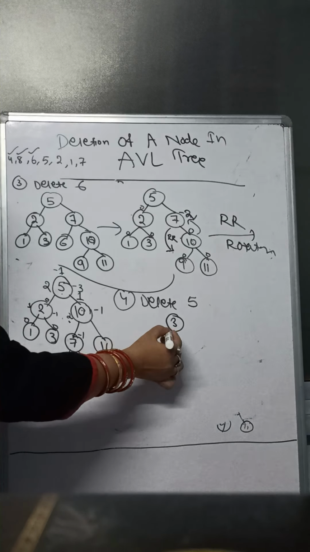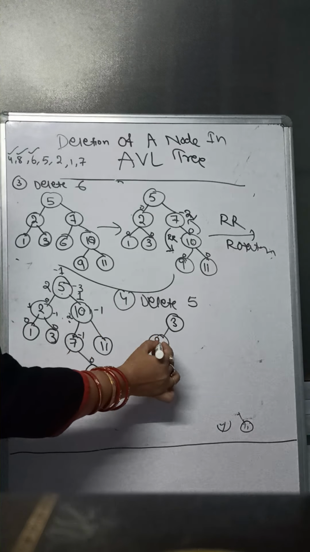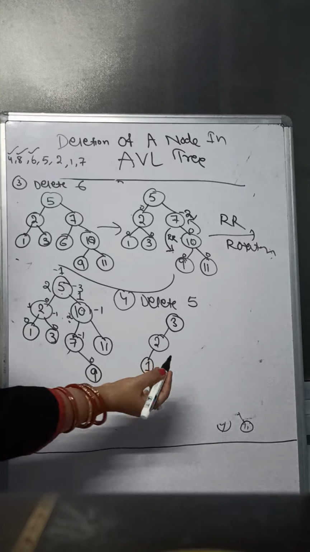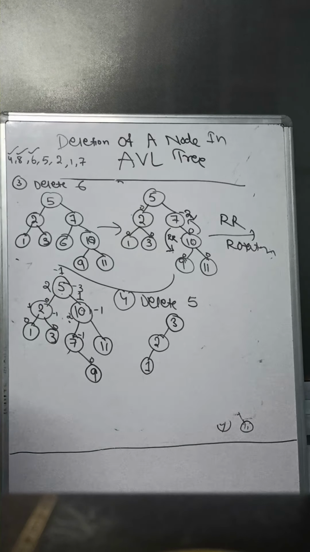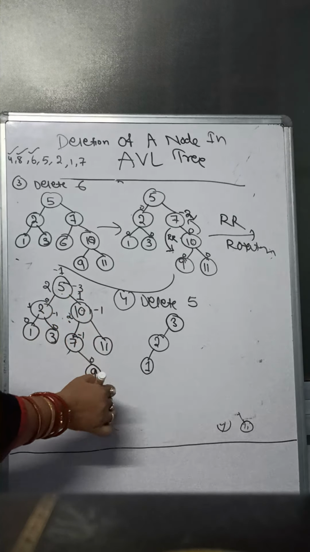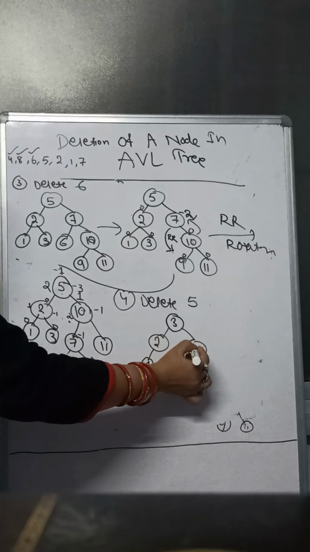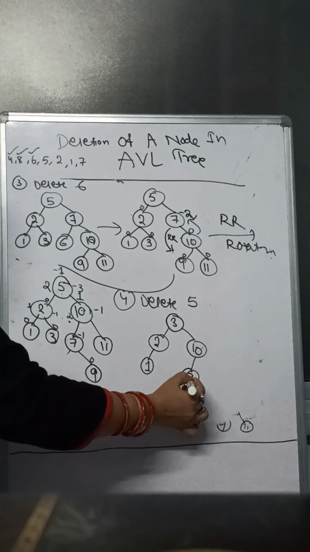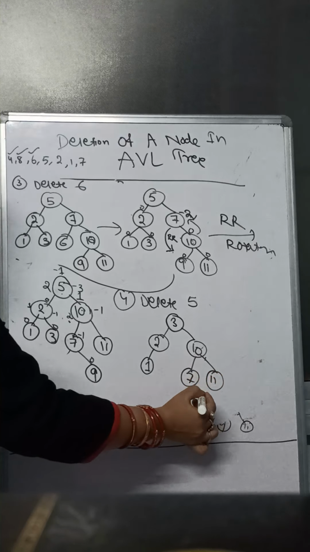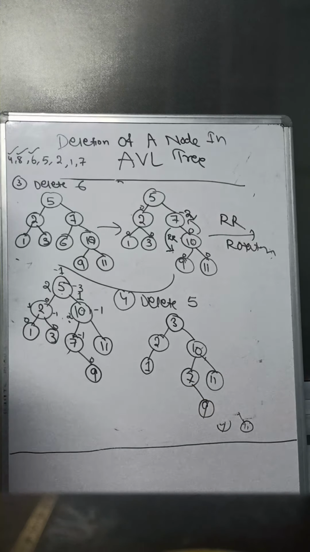Okay, so now your 2, then your 1. 2, 1 as usual, that will be placed. Again, the right subtree will be placed accordingly. 10, 7, 11, 9. Okay. So here we have deleted 5.